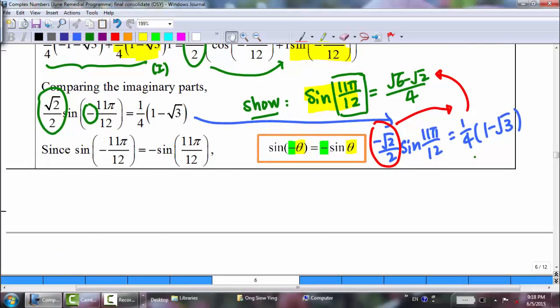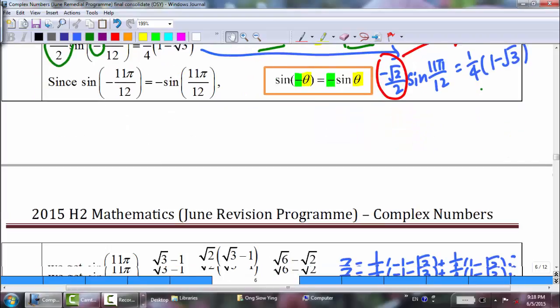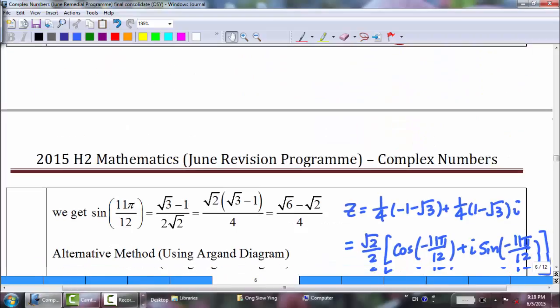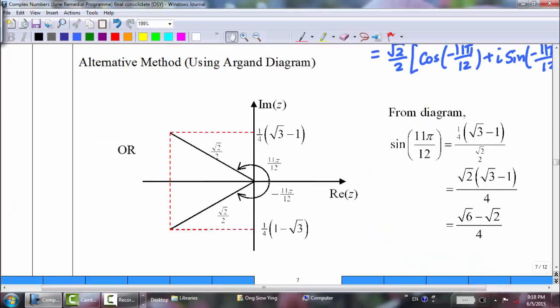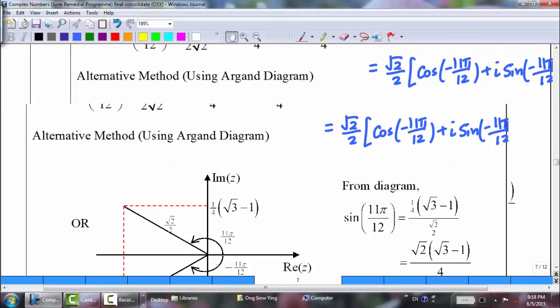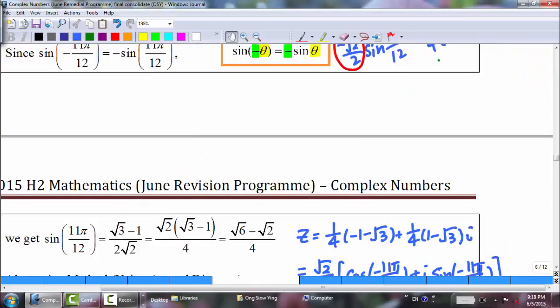Of course, after you get the answer, don't be too happy because you won't get the exact form yet. Because when you bring the root 2 over, it will appear in the denominator. So what you have to do is rationalize it.